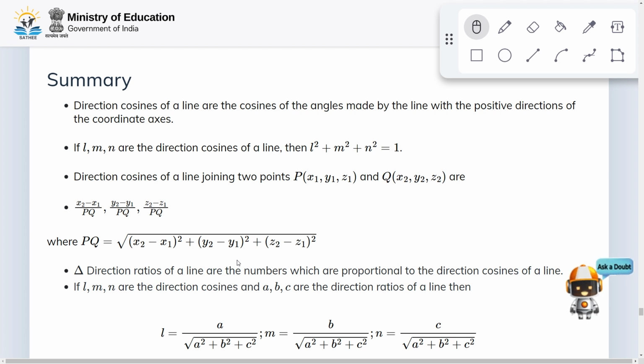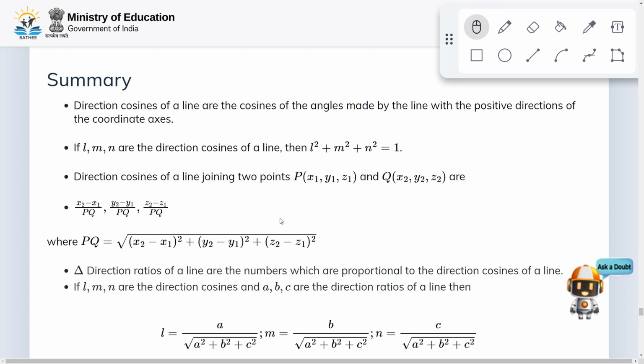The direction cosines of a line joining two points are x2 minus x1 divided by PQ, y2 minus y1 divided by PQ, z2 minus z1 divided by PQ, where PQ is the length from P to Q, which is root of x2 minus x1 whole square plus y2 minus y1 whole square plus z2 minus z1 whole square.